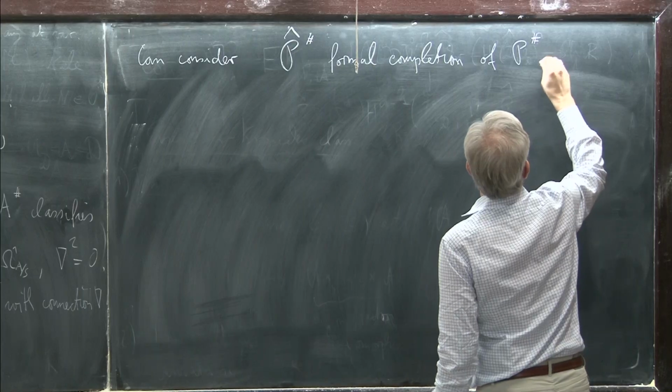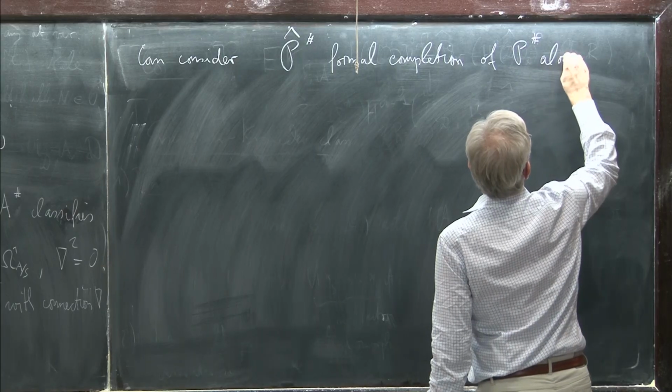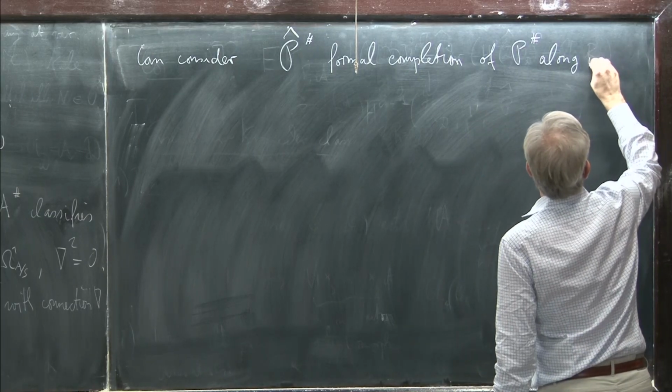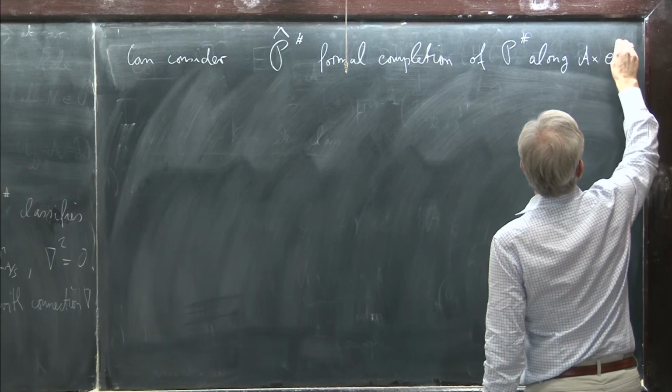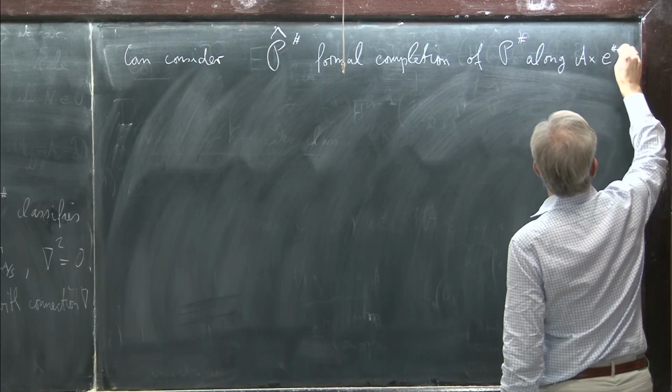P sharp along now A times the unit section of this universal vector extension.